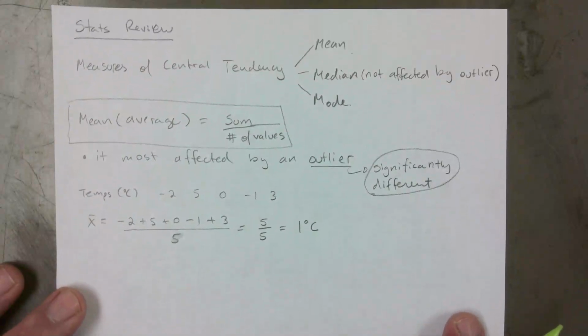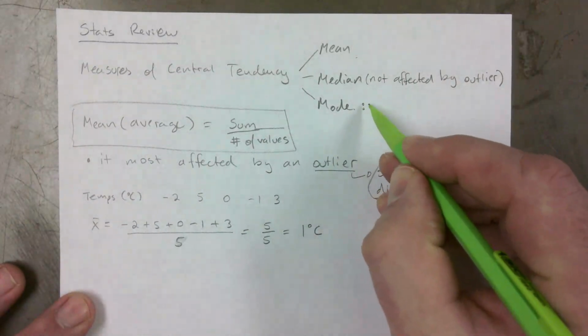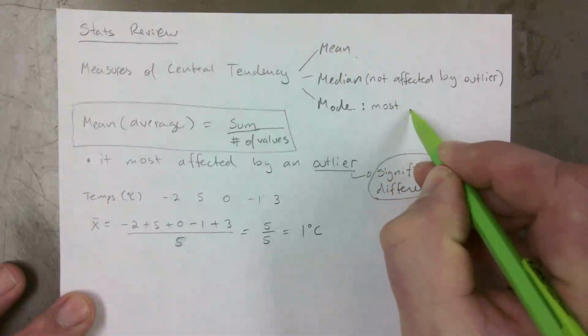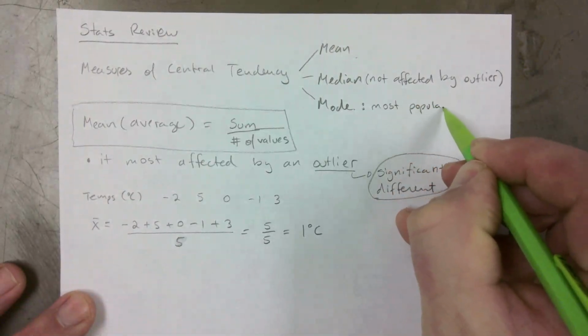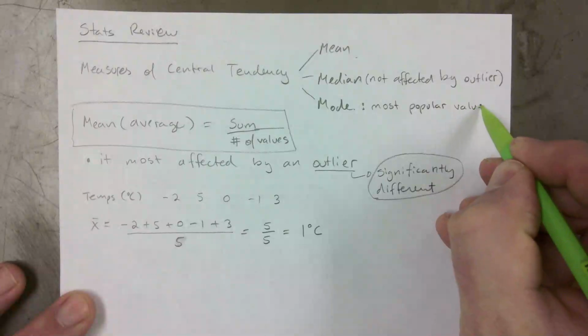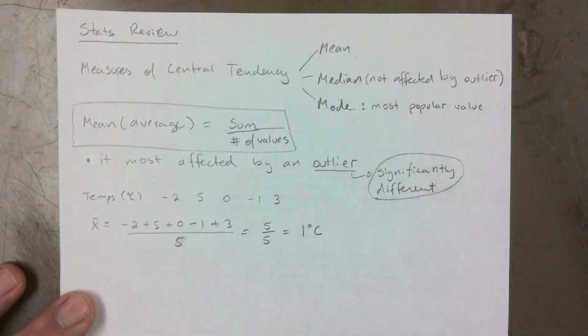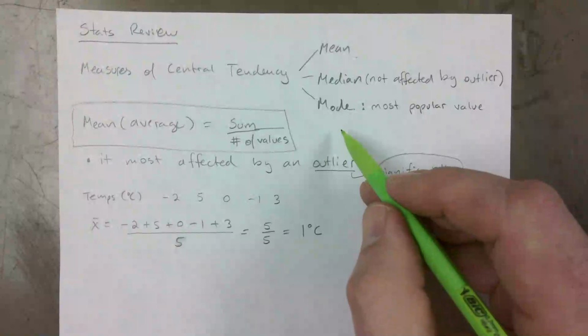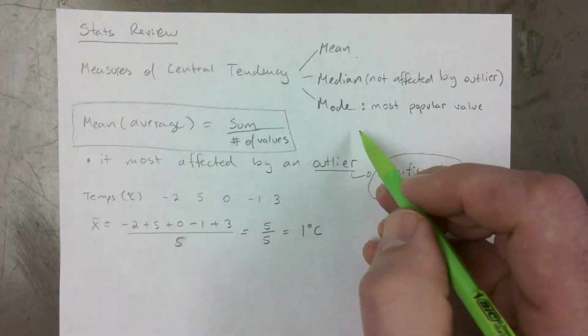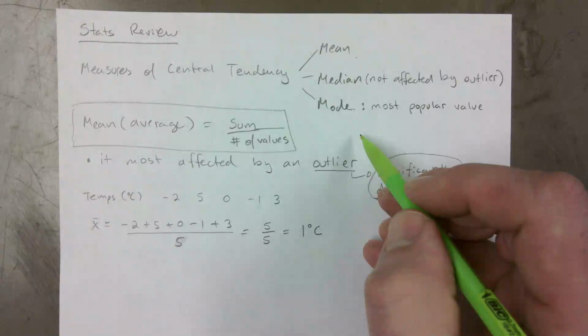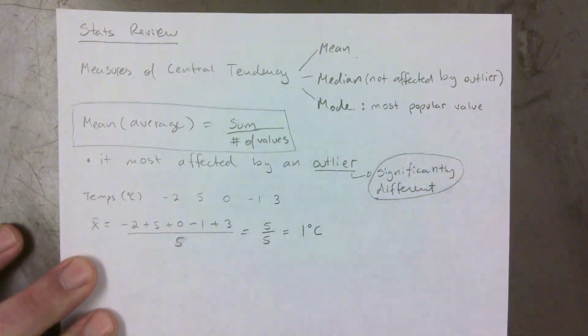Let's go back up here just real quick. Mode is the most popular value, the one that appears most often. If there is none, we just say none. We don't say 0, because then you're saying 0 is the most common value.